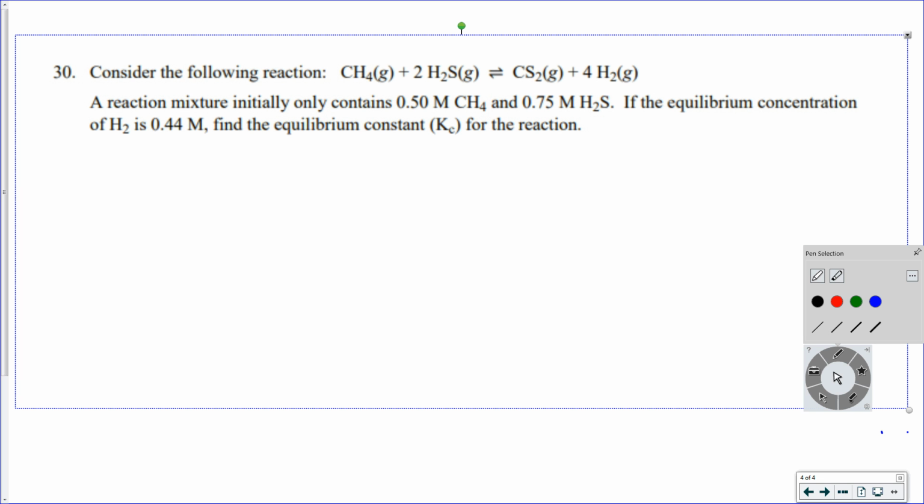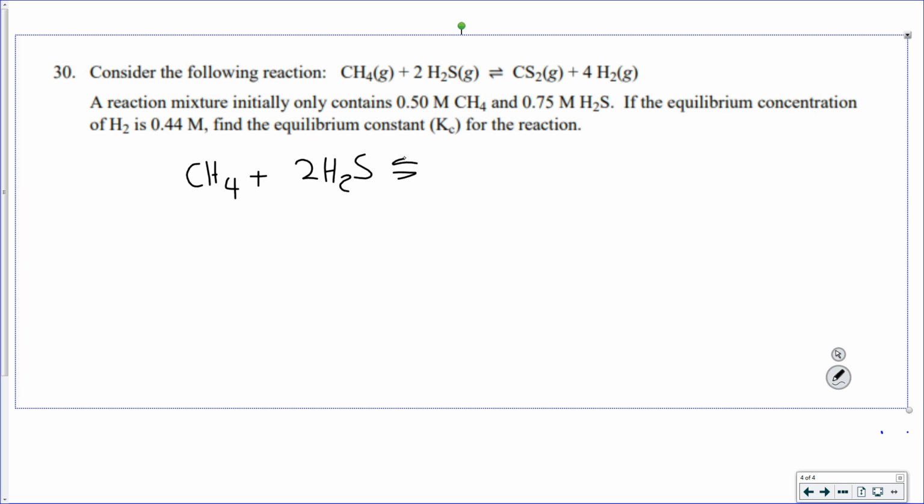Okay. So when we solve the ice, we need to write the reaction out. CH4 plus 2 H2S yields CS2 plus 4 H2. So initial, change, and equilibrium.